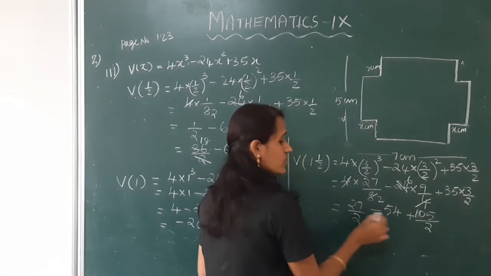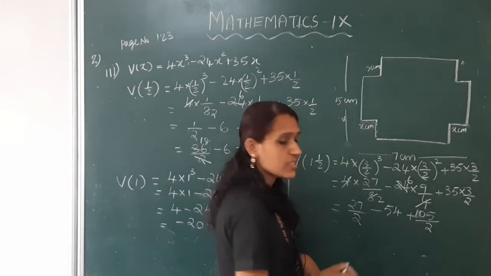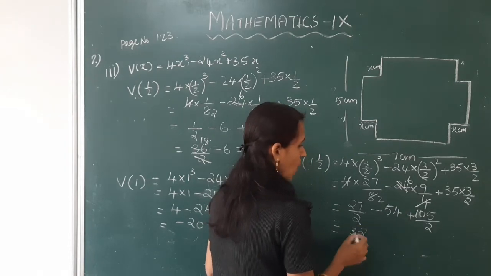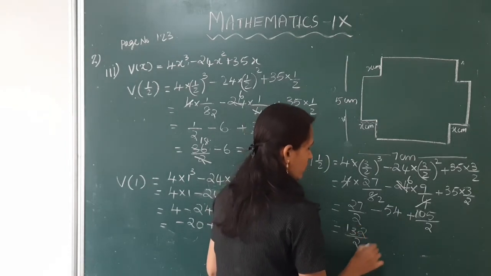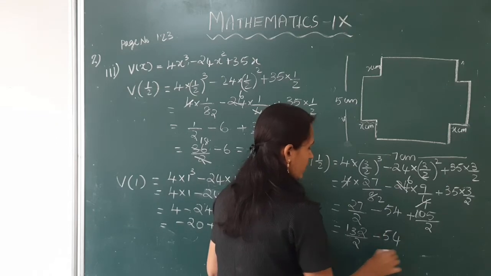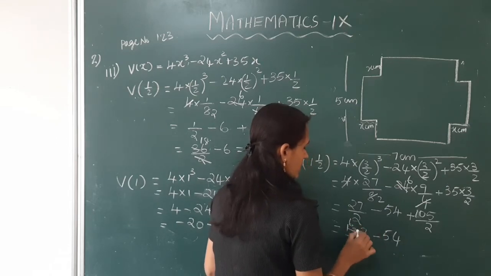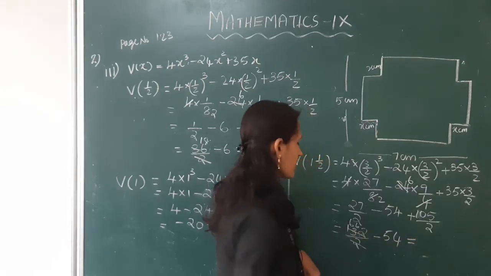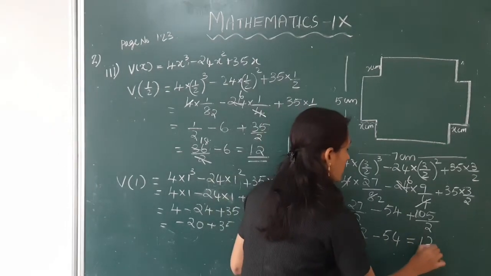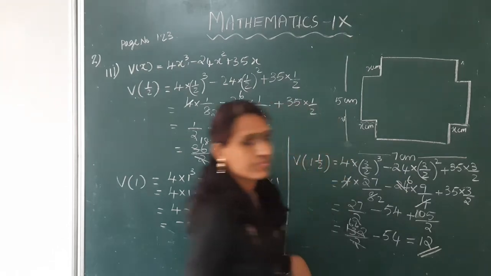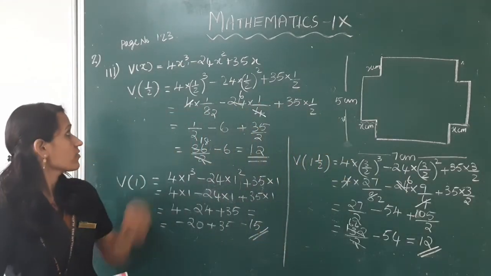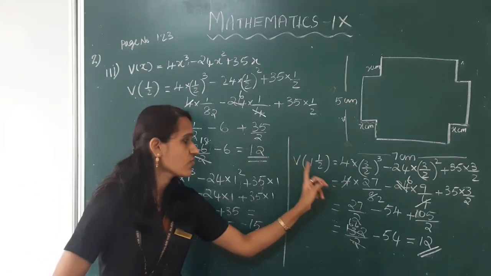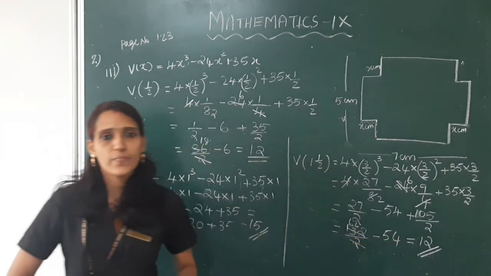In these two terms the denominators are the same, so add the numerators: 27 plus 105 is 132 by 2 minus 54. 66 minus 54 is equal to 12. V of 1 by 2 is equal to 12, V of 1 is equal to 15, V of 1 by 2 is equal to 12.